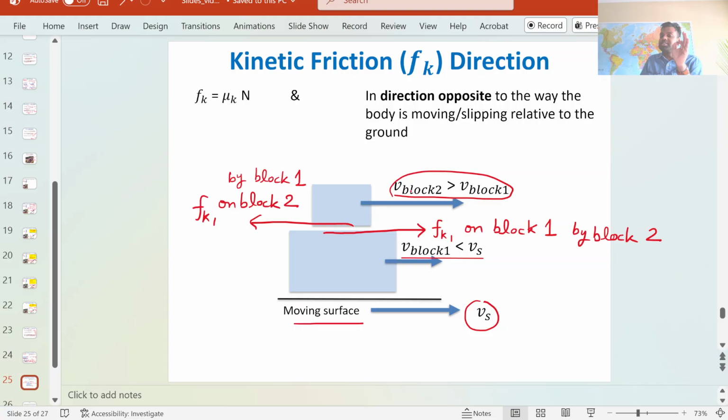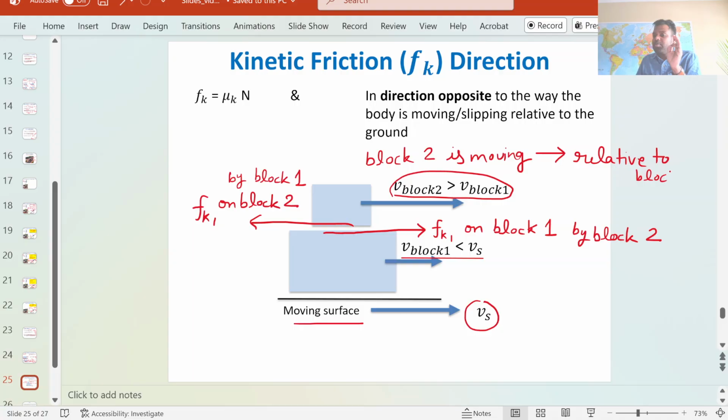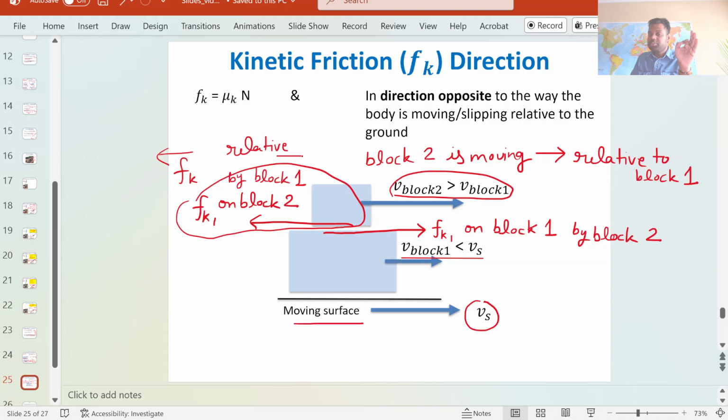Because block 2 is moving this way relative to block 1, the relative motion of block 2 is to the right, so the friction Fk is to the left, and on block 1 it is opposite. Now let us look at block 1 and the surface.